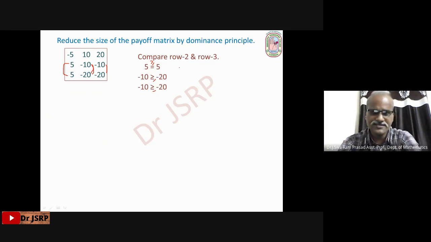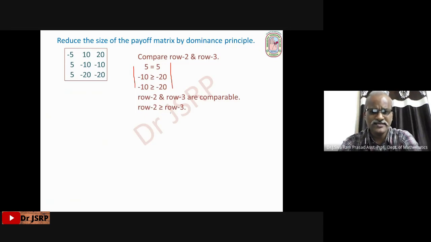So that means row 2 is greater than or equal to row 3. So row 2 and row 3 are comparable. Left hand side values are row 2 values, right hand side values are row 3 values.